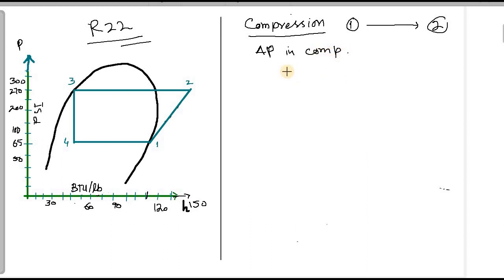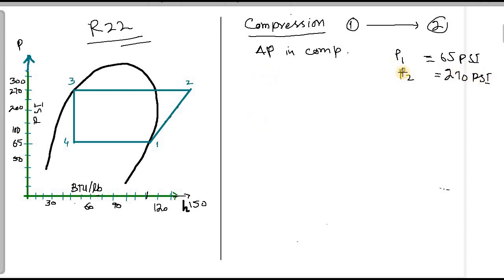To find the delta P in the compression process, we first have to find the values of P1 and P2. P1 is the pressure of the refrigerant before compression, which is 65 psi, while P2 is the pressure of the refrigerant after compression, P2 equal to 270 psi.